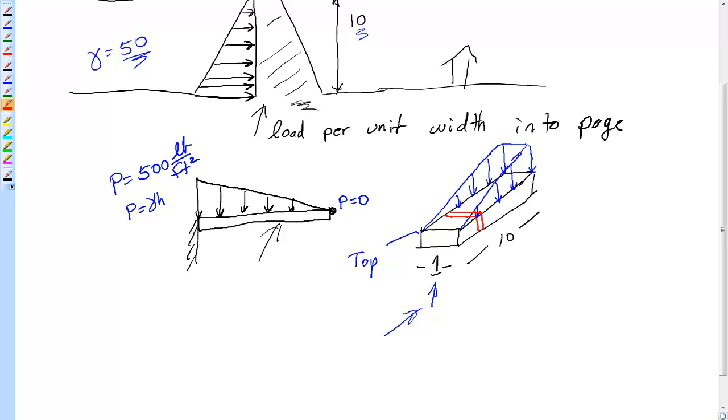Well, first of all, this strip length is 1, so if I say that's dx, then the area that this thing contacts is 1 times dx, or 1 foot times dx feet, which means that I can just simply redraw this. It looks exactly the same.